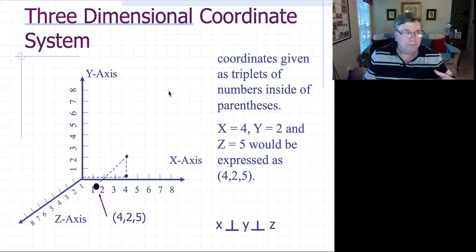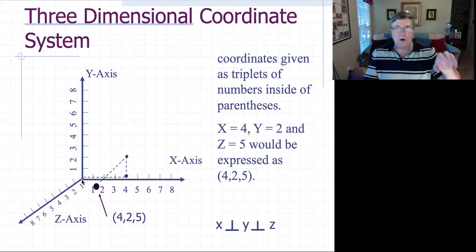When we have 3 axes, X, Y, and Z, again, they're at right angles with each other. Now, the Z axis right now doesn't really look like it's at a right angle, but it's coming towards you guys.